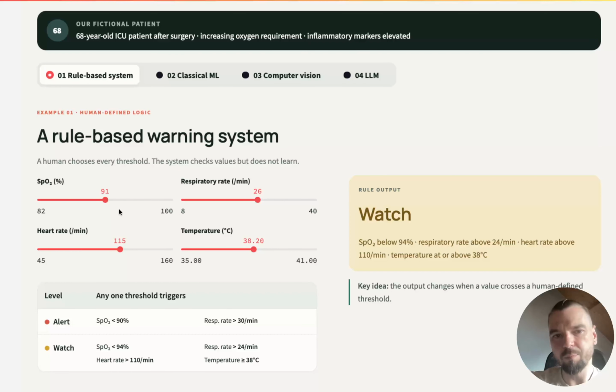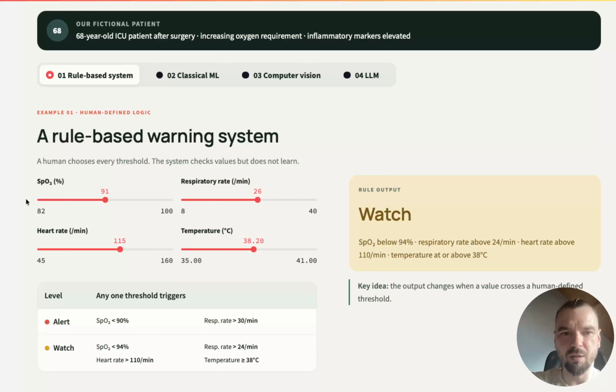There are a couple of issues with this rule-based warning system. First of all, based on multiple studies, 60 to 80% of all alarms in intensive care, for example, are false. It often leads to alarm fatigue, and what we saw a lot of times is that these thresholds are set too high.